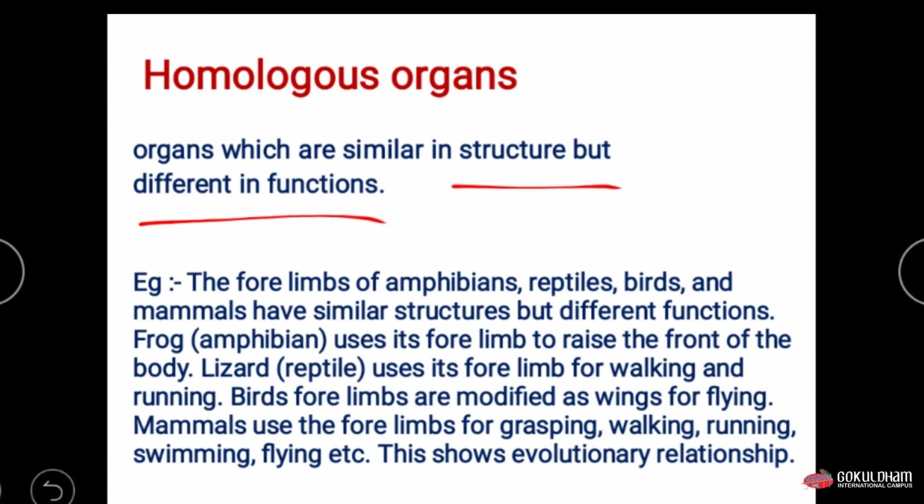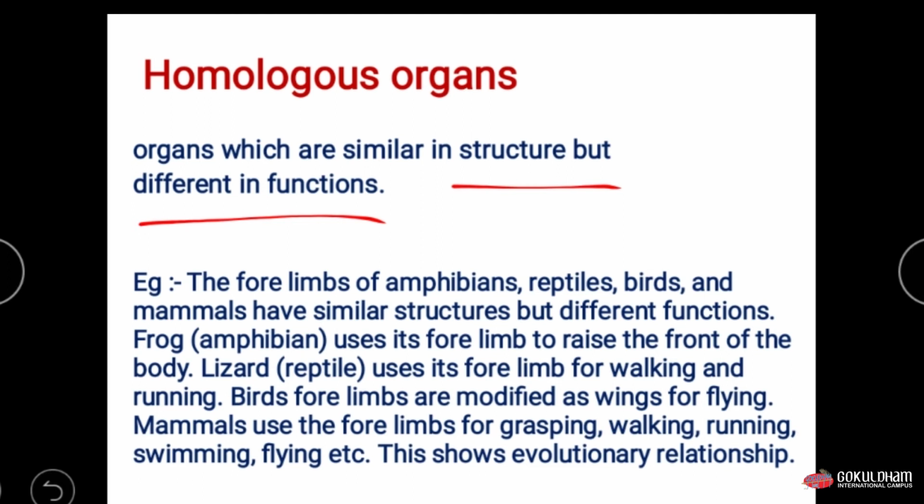You can compare the forelimbs of different groups of animals. For example, in frogs or amphibians, they use forelimbs to raise the front. मतलब in amphibians they use their forelimbs to raise the front, whereas in lizards the forelimbs are used for walking and running.